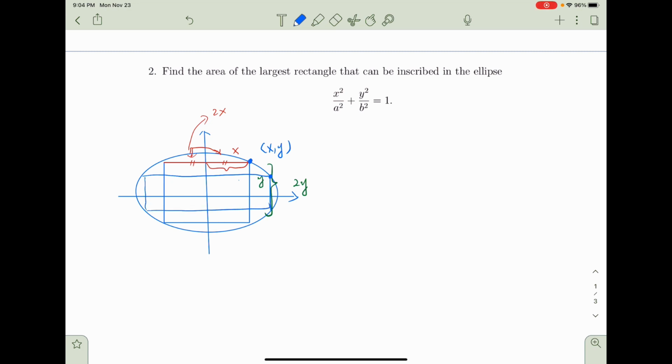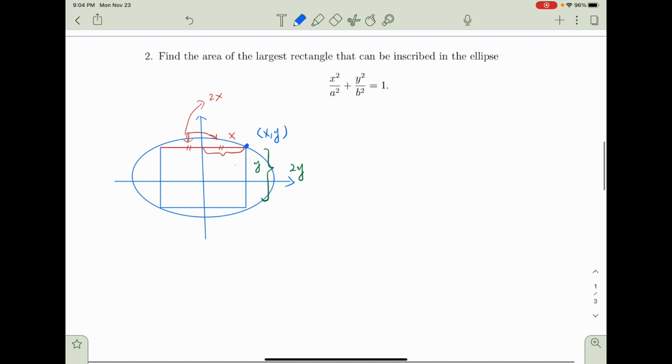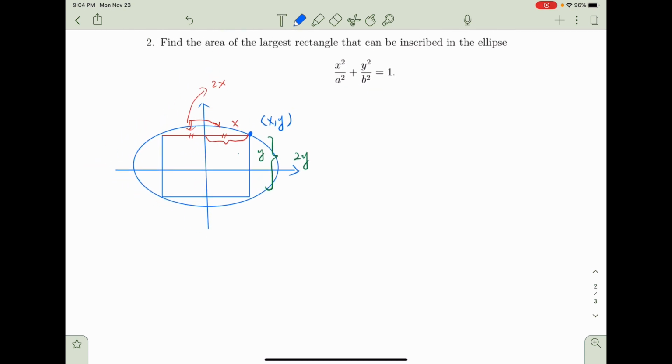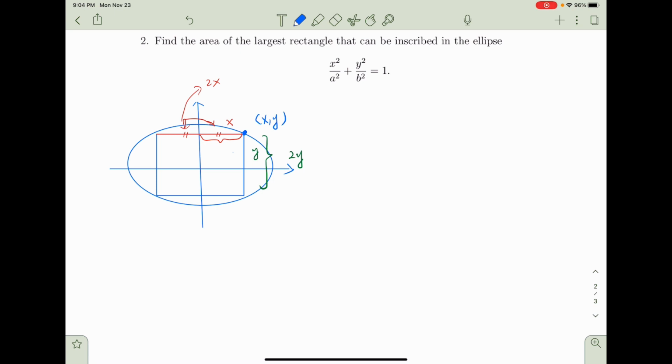So there must be a point such that the rectangle has the largest area, right? So the first step after we finish this setup is to write out the area expression of the rectangle, right?